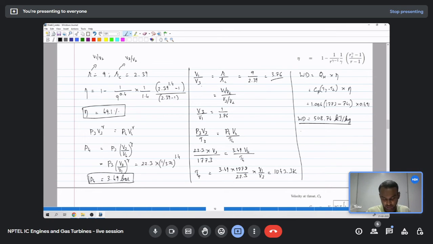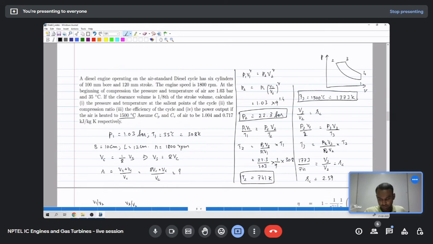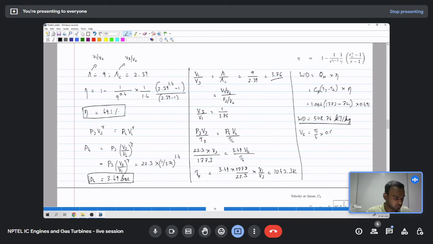So I will calculate the stroke volume by pi by 4 into, I have 100 mm bore and 120 mm stroke, so that is 0.1 squared into 0.12. I am writing everything in meters so that I can directly have density and get it in terms of kg.